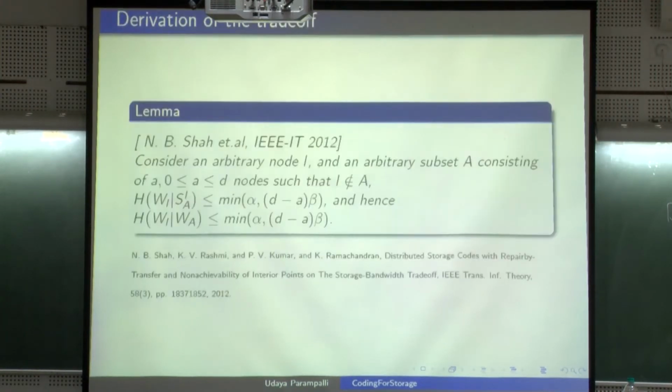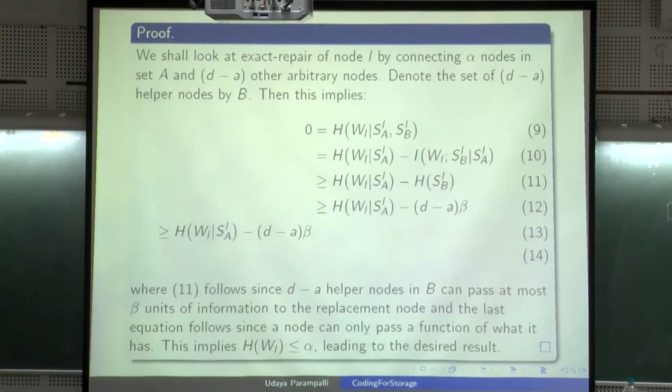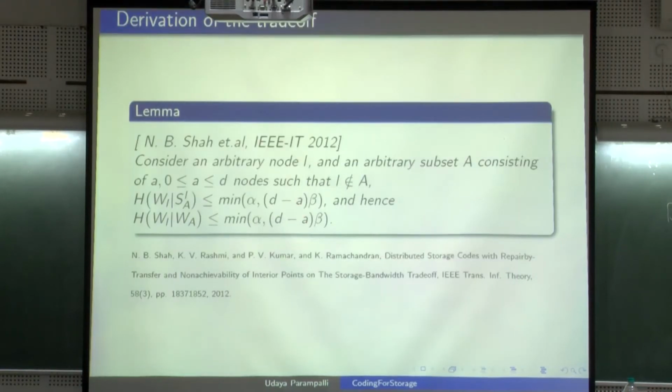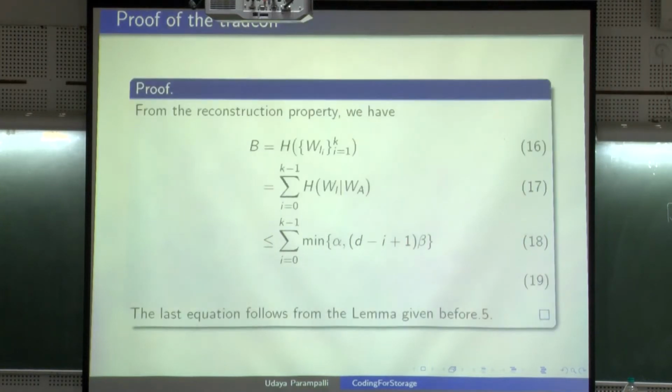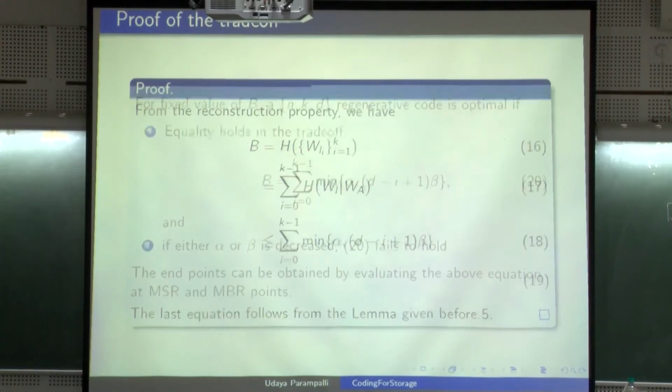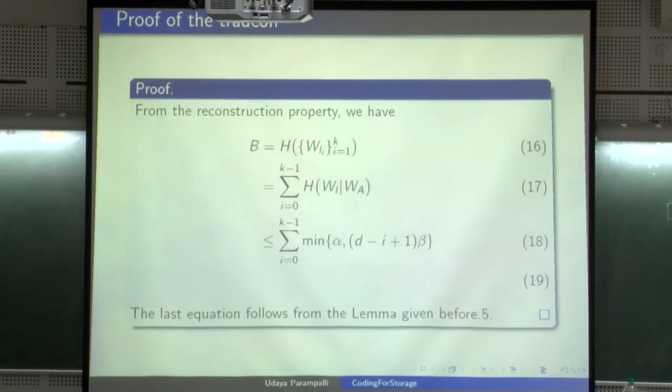Then you come here. So here I'm making it d minus i itself. So beta is less than or equal to d minus i only, always d minus i. Now i should again be 0 to k minus 1, and this has to be the minimum of alpha and d minus i times beta.